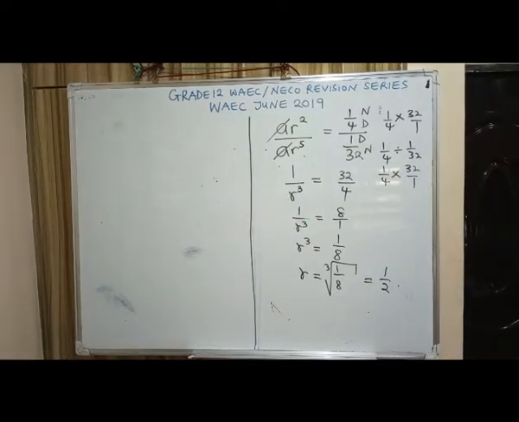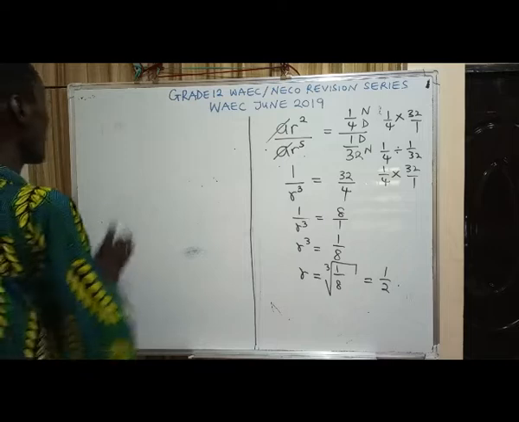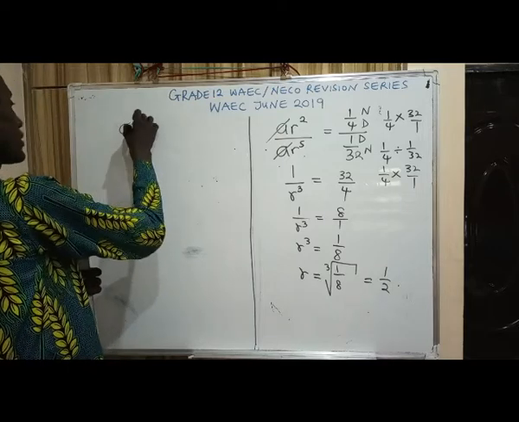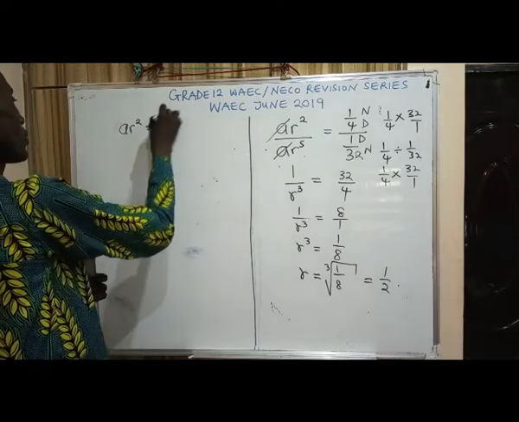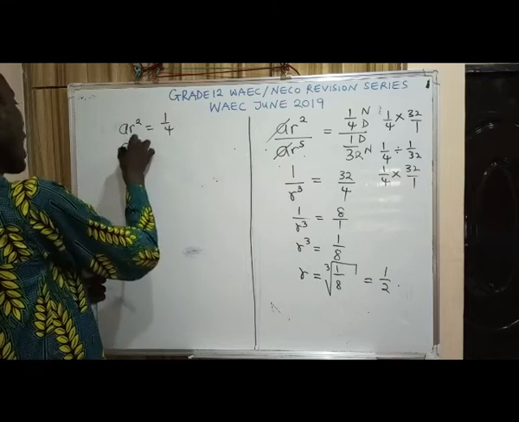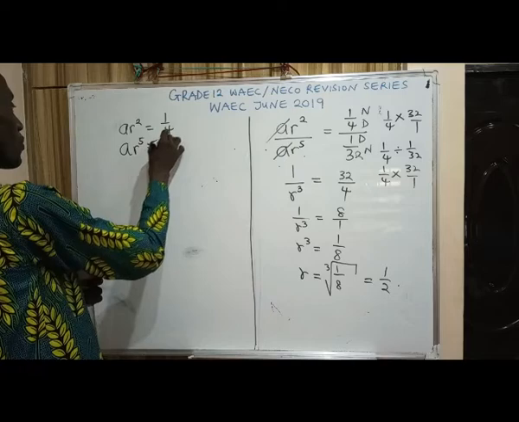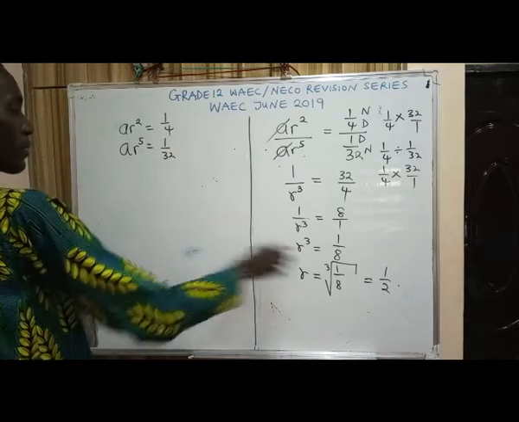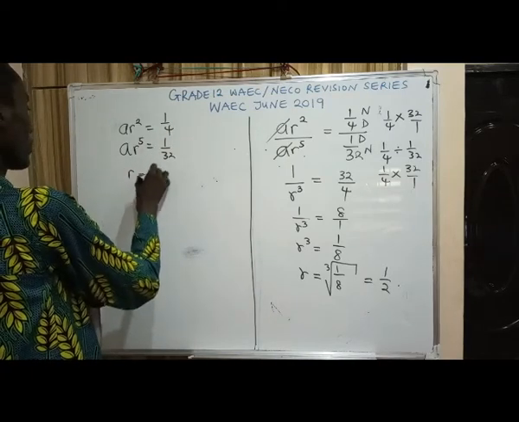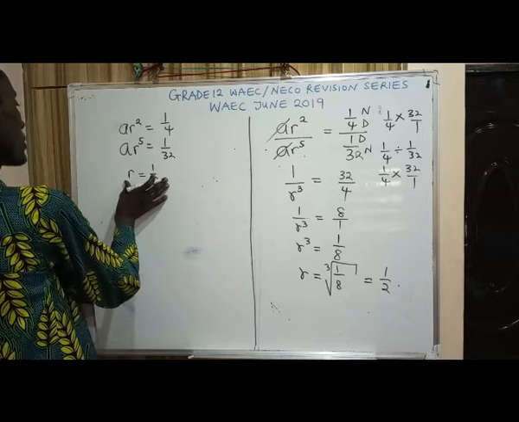So with that said, we recall that AR to the power of 2 is equal to 1/4, and AR to the power of 5 is equal to 1/32. Remember that we have that R is equal to 1/2, so wherever we see R, we put 1/2.